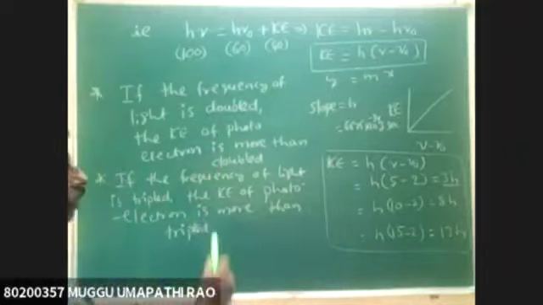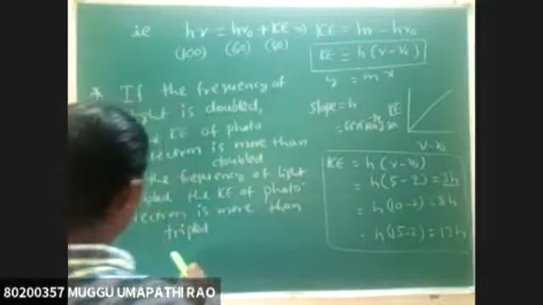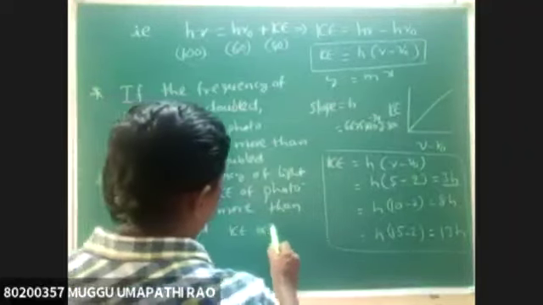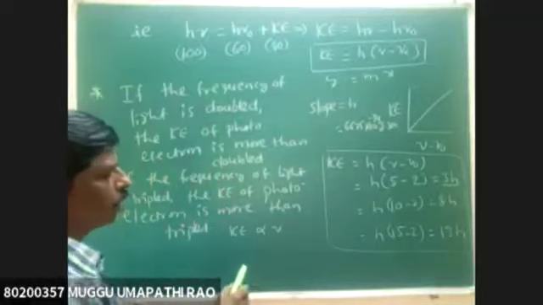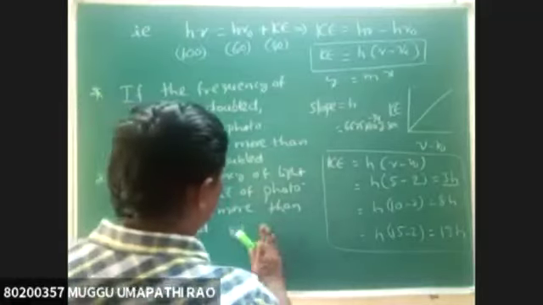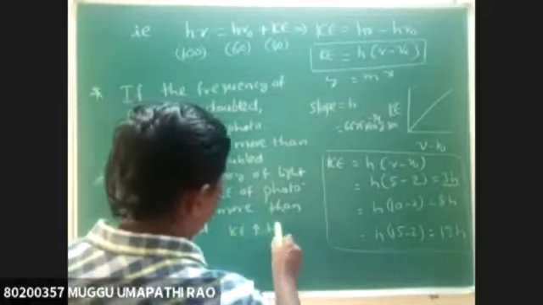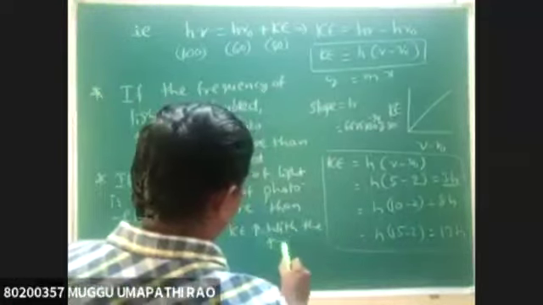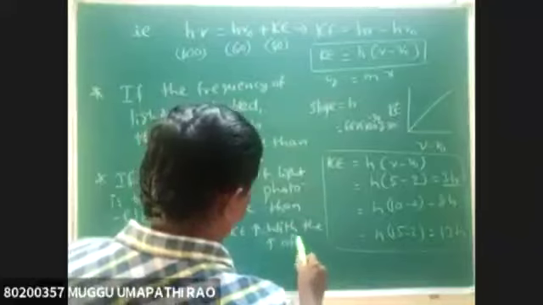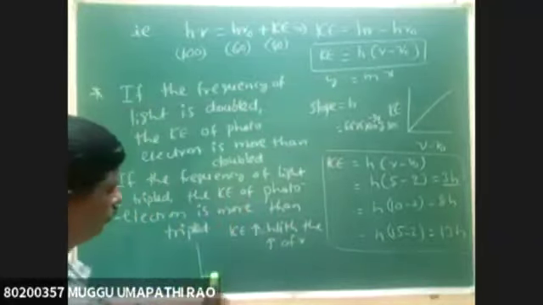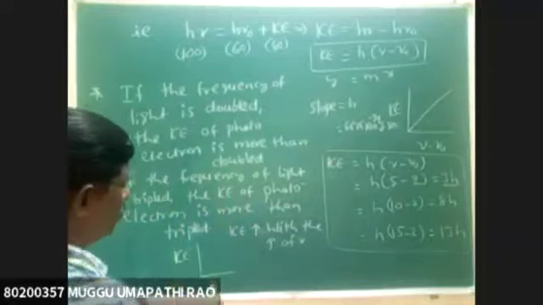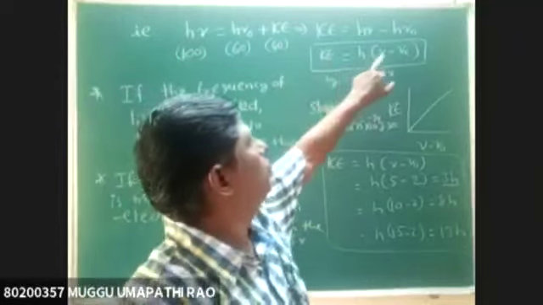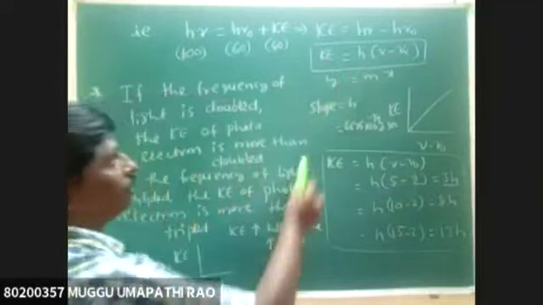So like that we can say KE is proportional to ν. Am I correct? Not exactly proportional. KE increases with the increase of frequency. I am going to show you the kinetic energy versus frequency graph. See here, K = h(ν − ν₀). This h is a constant.